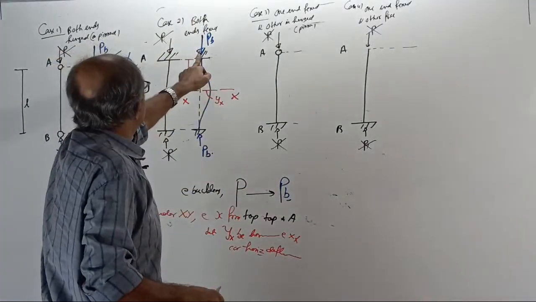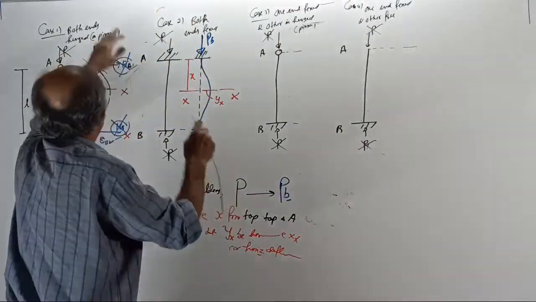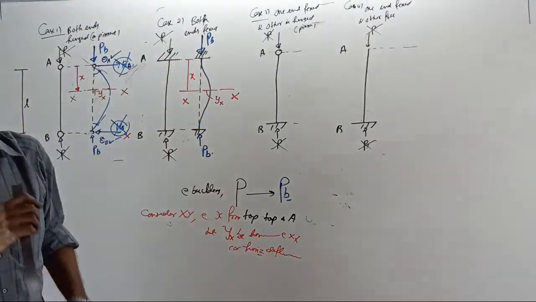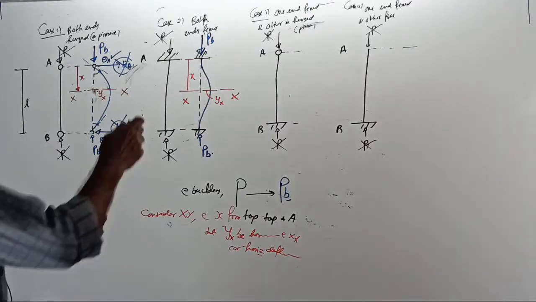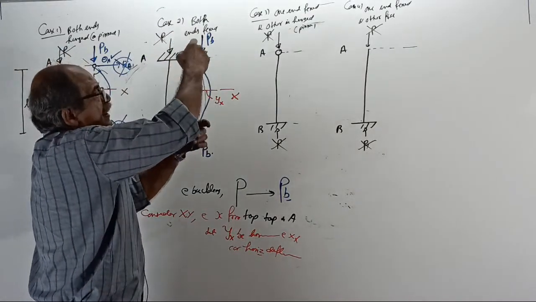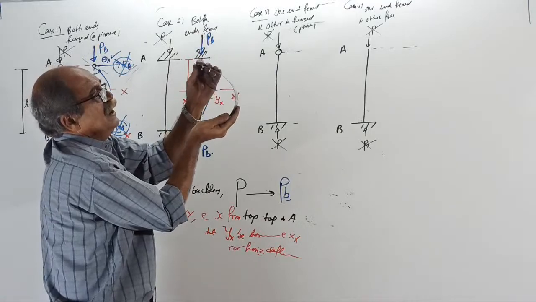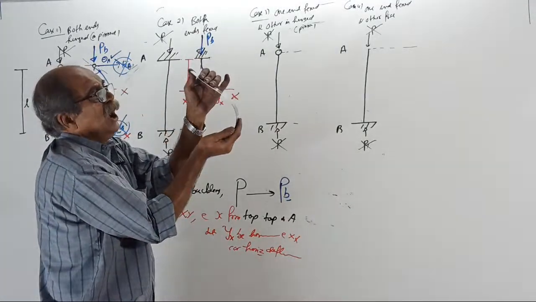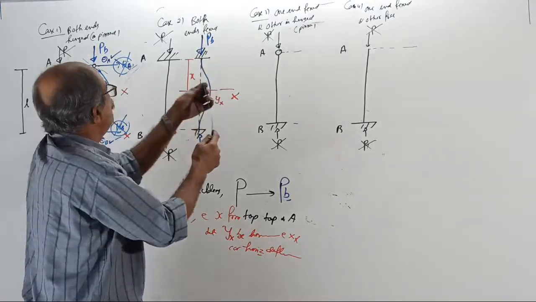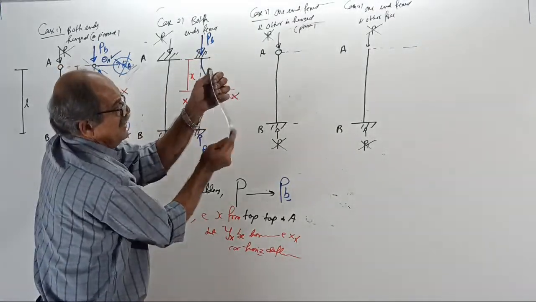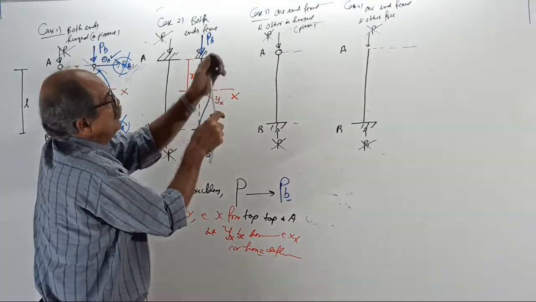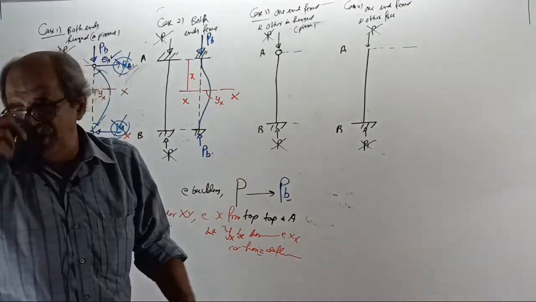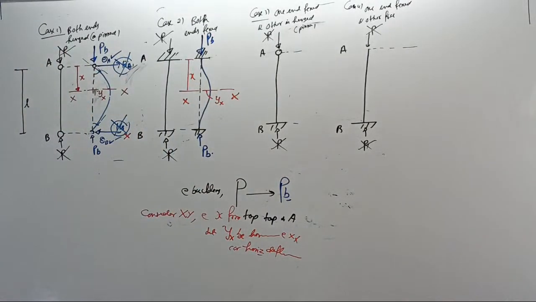Tell me, when the bending starts, what reaction will come here? Fixed end, slope should be prevented. See now, if the beam bends this way, to prevent slope, tell me, at the top, do you require clockwise or anti-clockwise to get this elastic curve?